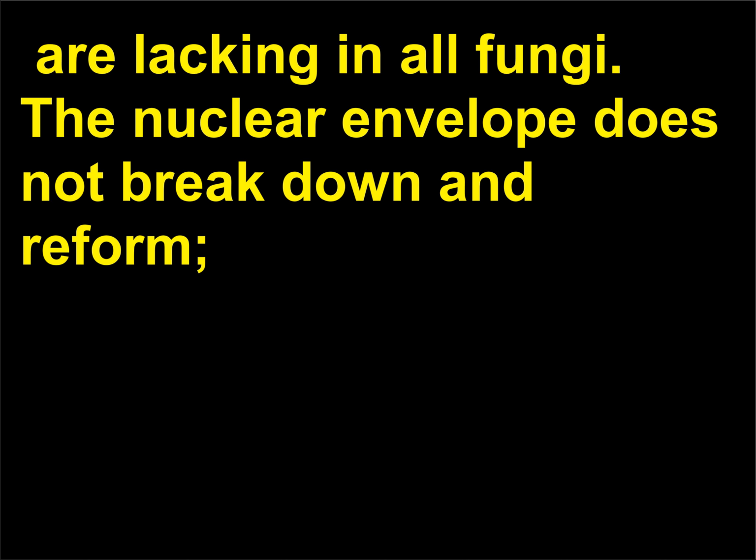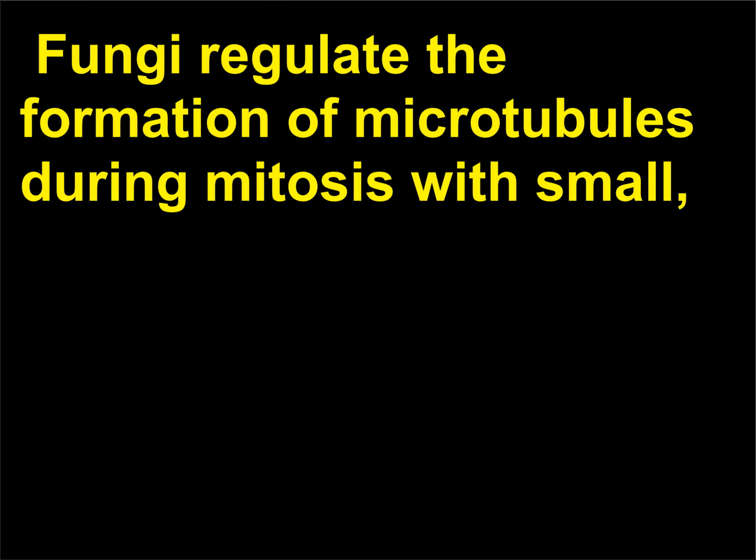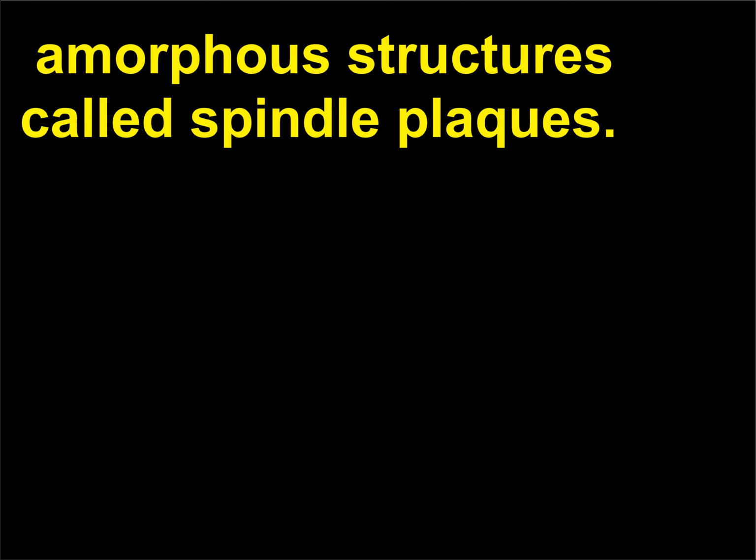The nuclear envelope does not break down and reform. Instead, a spindle apparatus is formed within the envelope. Fungi regulate the formation of microtubules during mitosis with small, amorphous structures called spindle plaques.